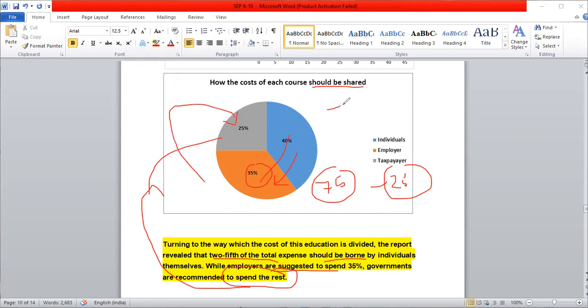that's remaining because it's 100%. Okay, the cost of this thing, 2/5 of the total, we have given total expense here. So the total expense, 40% is to be borne by the individuals, 35% by the employers, so it comes to 75%. The rest is 25%. It should be shared by the government.